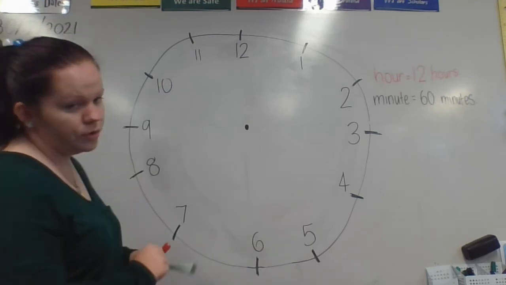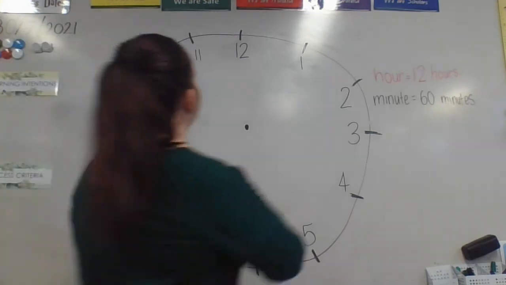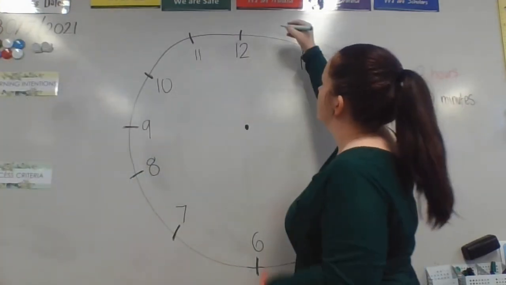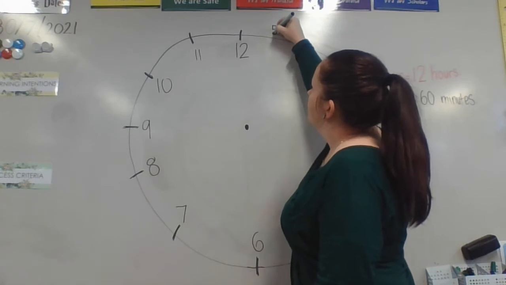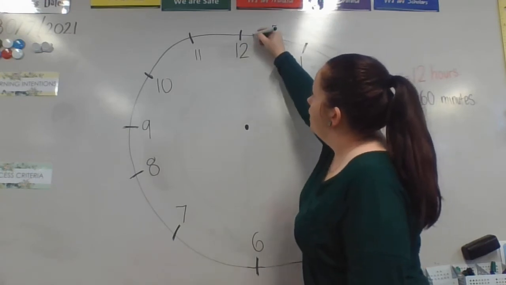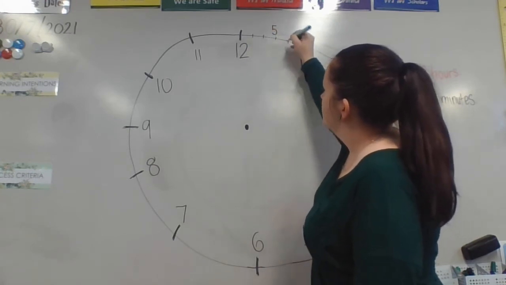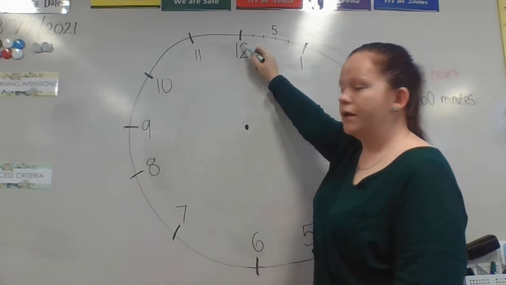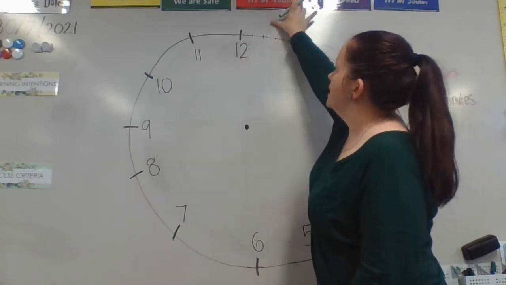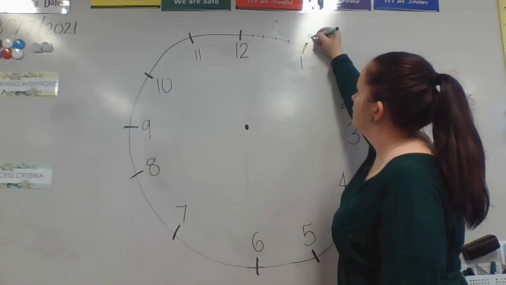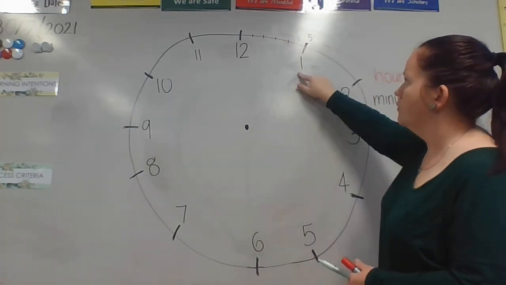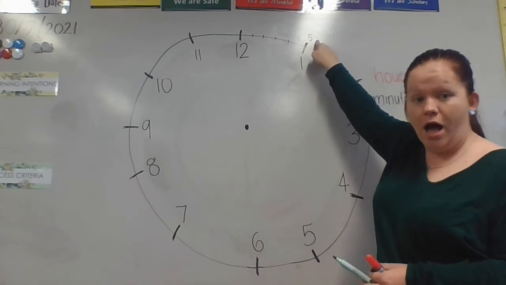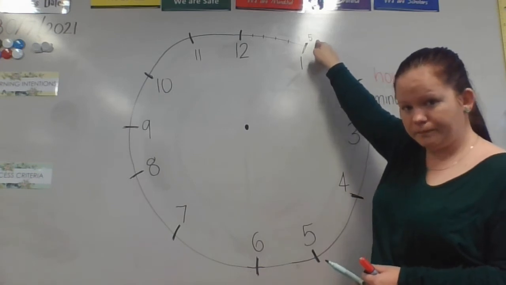So what you're now going to do, I want you to write the number 5 up here, because there are 5 little minutes between the number 12 and the number 1. If it's easier, you can write the 5 above the number 1, so you can remember that if our minute hand's on the number 1, we've reached 5 minutes.